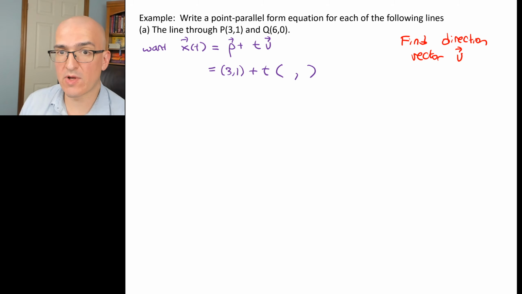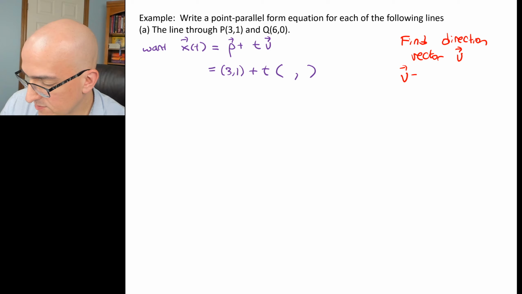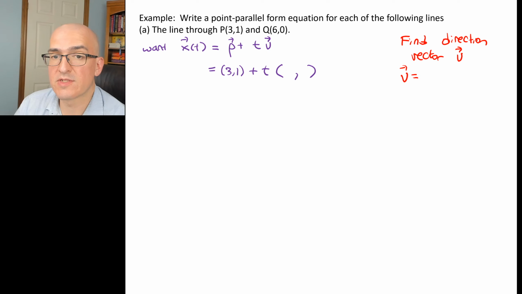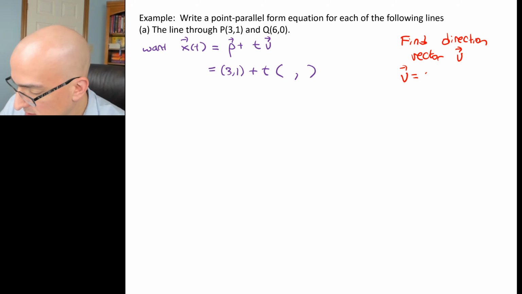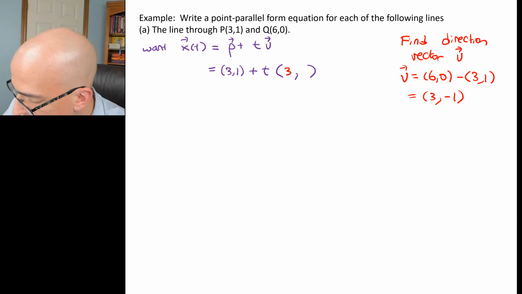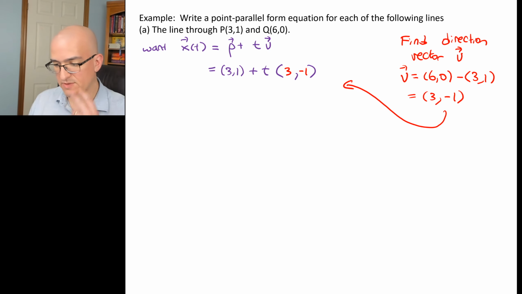We get it the same way we got the last one. v is equal to the vector that is equivalent to the directed line segment that connects P and Q. So we get that from Q minus P, 6, 0 minus 3, 1, which is 6 minus 3 is 3, 0 minus 1 is -1, so those are the components, 3, -1. That's our answer. That describes the line that connects those 2 points.